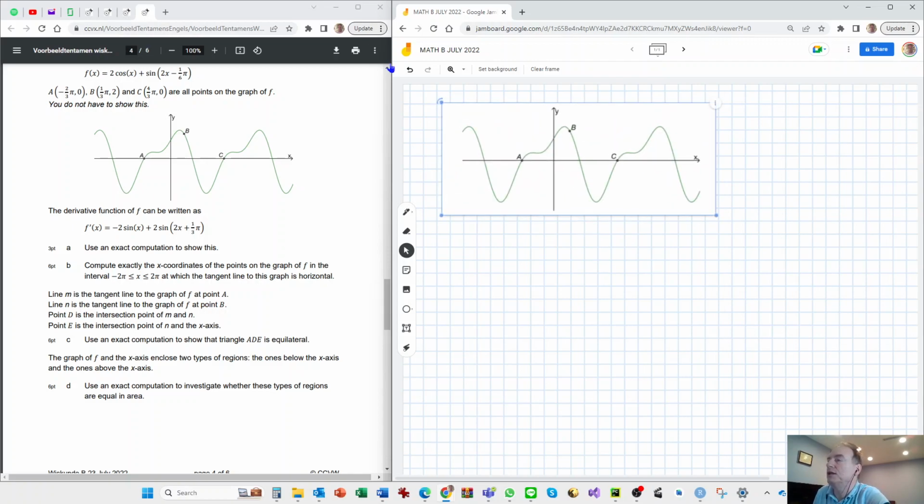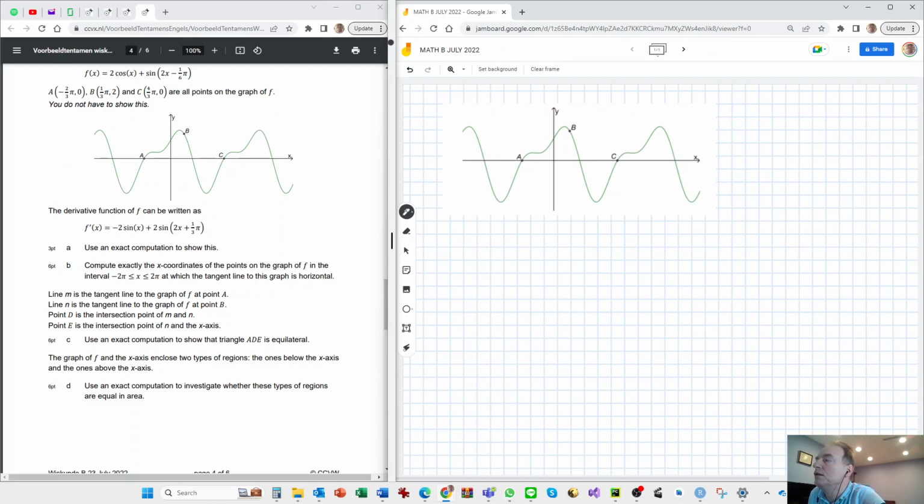So we have a line N. So this is the tangent N, and then there is a tangent at B, goes about like this. This is M, and this is a point D. Now we have also a point E, and then they say this is an equilateral triangle.